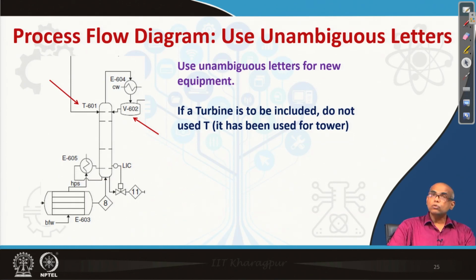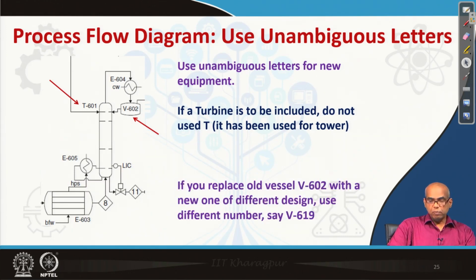So, let us not use T for turbine. If we replace old vessel V602 with a new one of different design, we must use a different number. Let us not use the same V602. For example, you may use say V619 to clearly indicate that it is a new vessel.